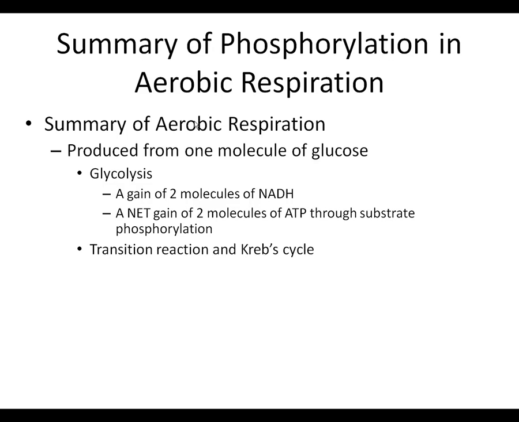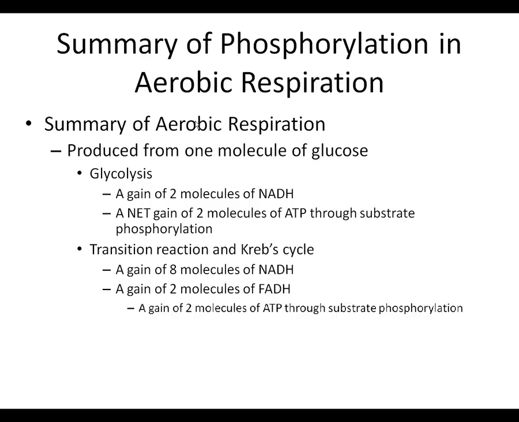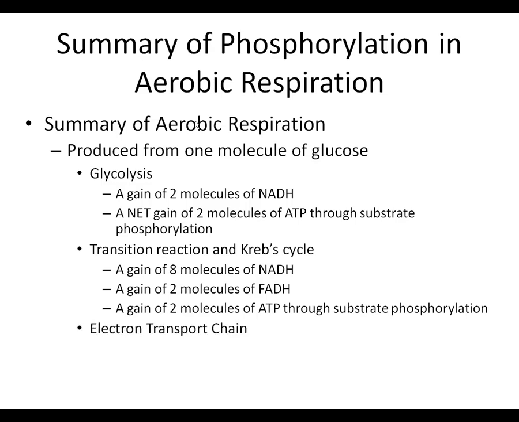And in the transition reaction and Krebs cycle, we have 8 molecules of NADH, 2 molecules of FADH and 2 molecules of ATP through substrate phosphorylation. And in the electron transport chain, we have 34 molecules of ATP through oxidative phosphorylation. So if we take these 34 plus the 2 from the Krebs cycle, that gives us 36, plus the 2 from glycolysis, that gives us 38 ATP.